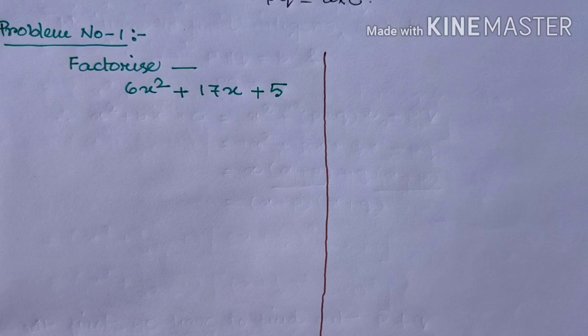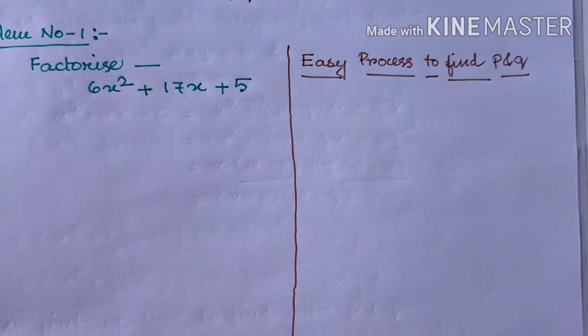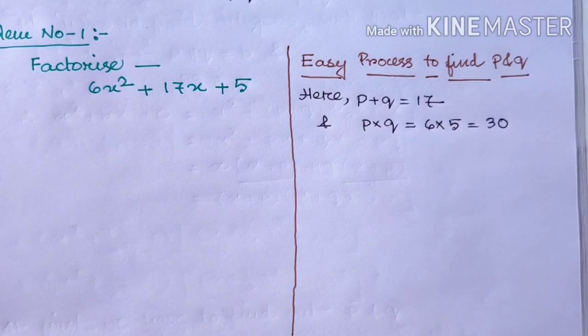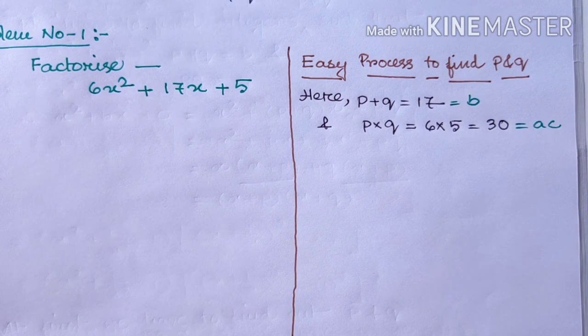So let's do it. Problem number 1. Factorize 6x square plus 17x plus 5. We have to find the value of p and q. Here p plus q equal to 17 and pq equal to a into c equal to 6 into 5 equal to 30.